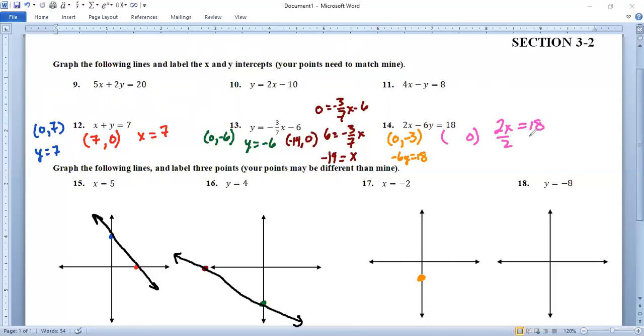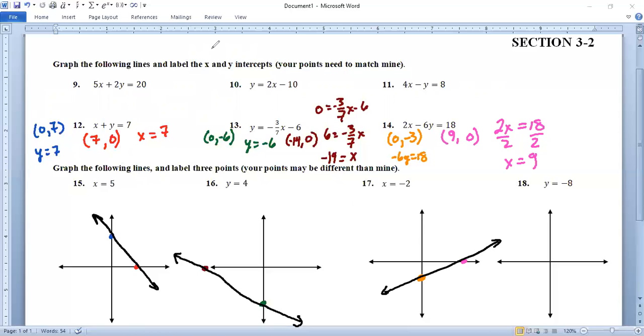Divide by 2, and we get x equals 9. That's 9, 0. So that's about out here. And there we go. Hey, that one turned out okay. And that's the line for number 14.